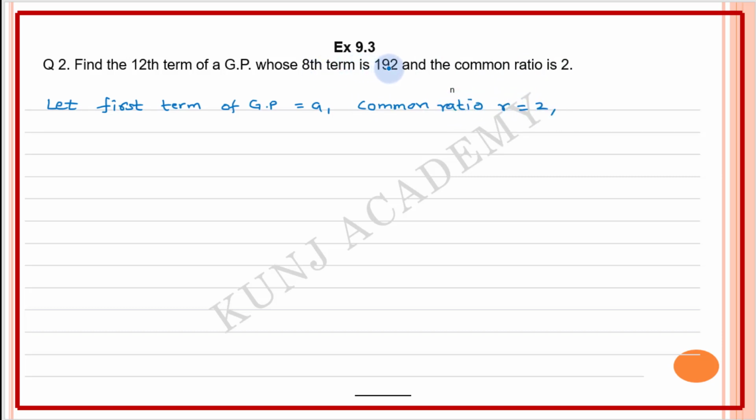Eighth term is 192, T8 is equal to 192. We know that the nth term Tn is equal to ar^(n-1). Put n is equal to 8: a times 2 power 8 minus 1.